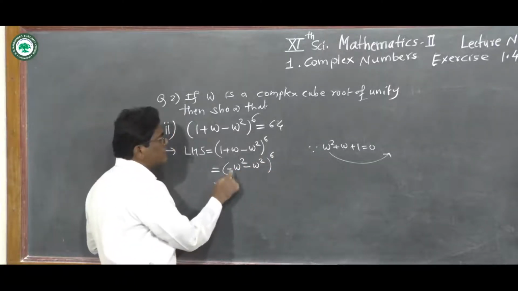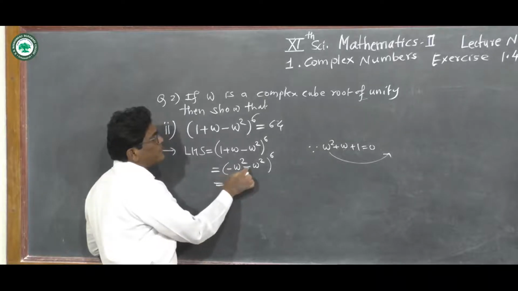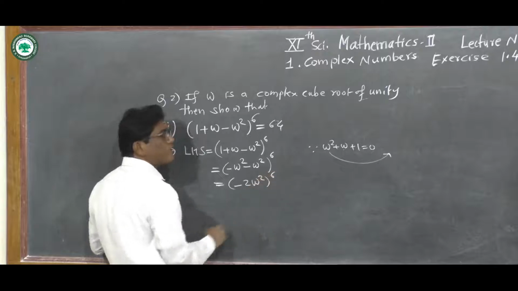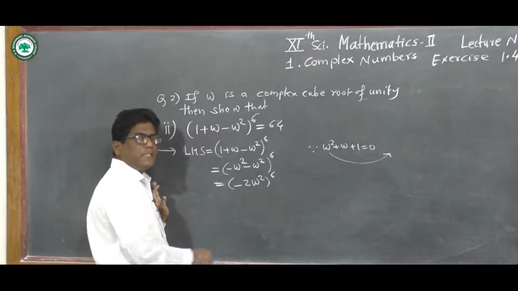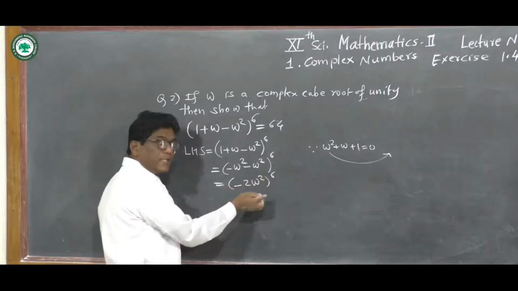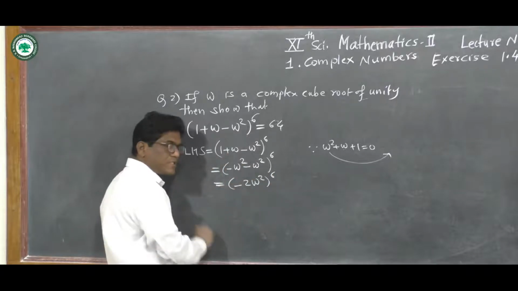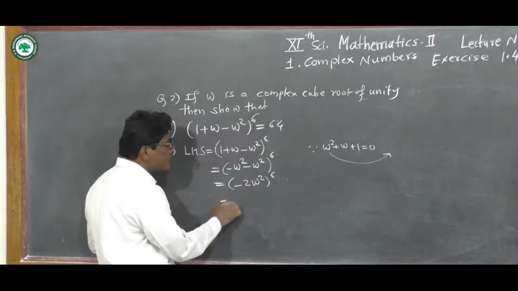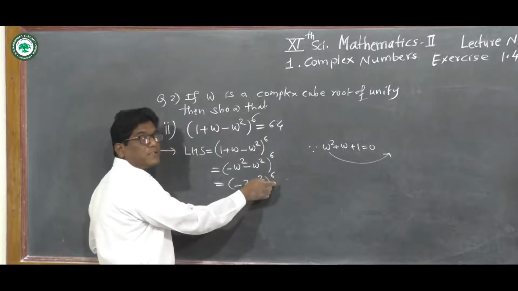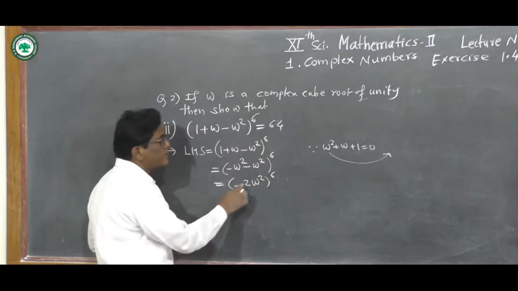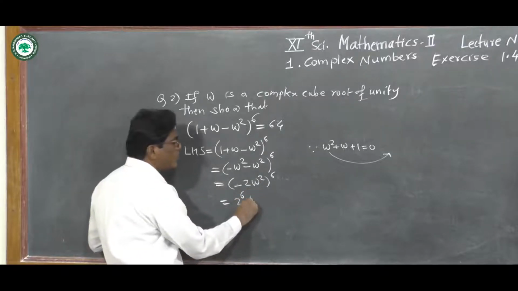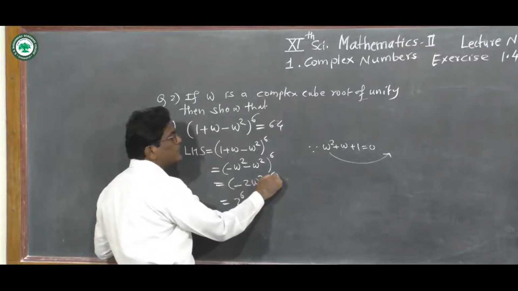Okay, so it is equal to minus 1 omega square minus 1 omega square, it is minus 2 omega square to the power 6. Now we take the power 6 of every term: minus to the power 6, 2 to the power 6, omega square to the power 6. So it is minus to the power 6, even power, so it is positive.